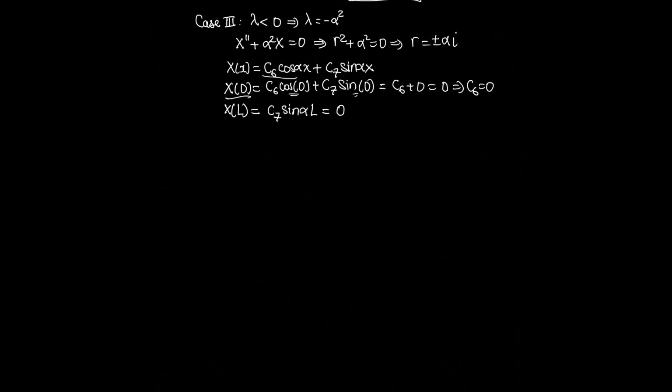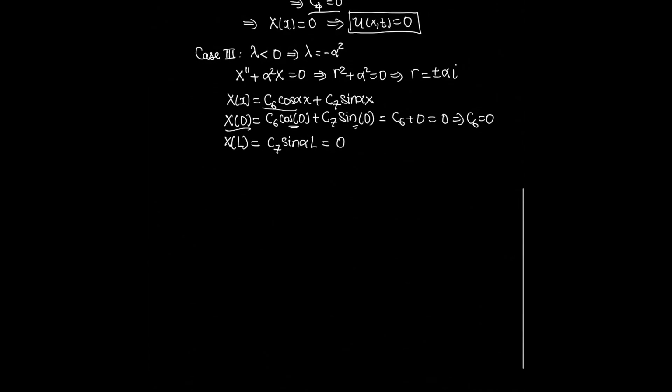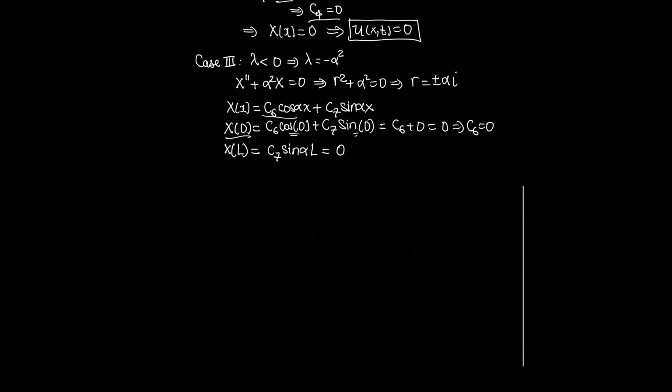So from here, if I say C7 equal to 0, then that implies that there's no solution. Everything is 0. So usually here, I say C7 different than 0. That means I'm going to put sine alpha L equal to 0 instead. Then I have alpha L equal to n pi for n equal to 0, 1, 2, 3, and so on.